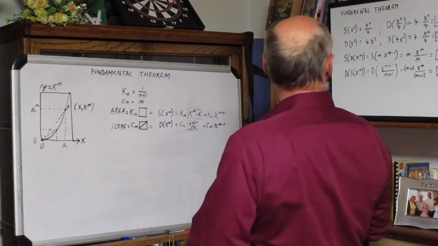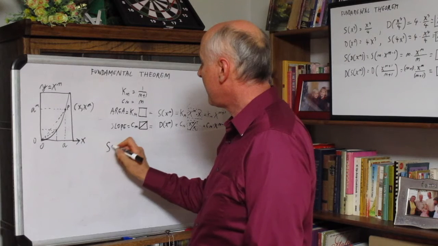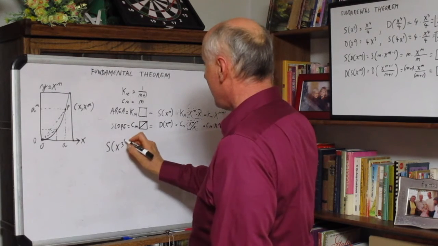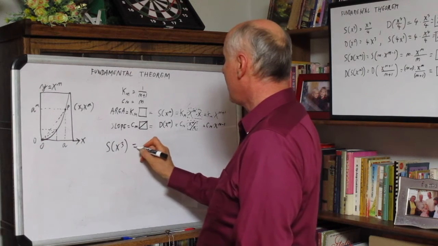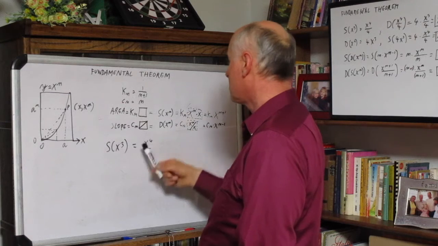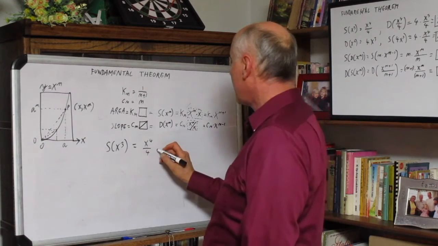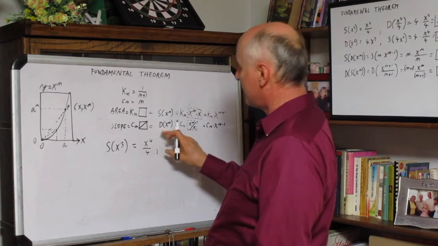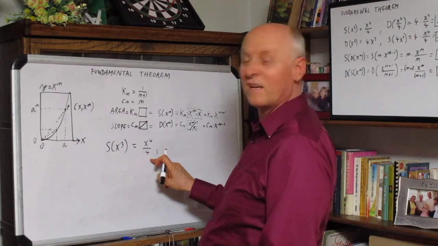Let's look at an example. What if we said signed area of x to the third? What is that? Well, that's simply x to the fourth over 4. Okay, that's nice. Now take the slope of that. Here's a function that returned another function.